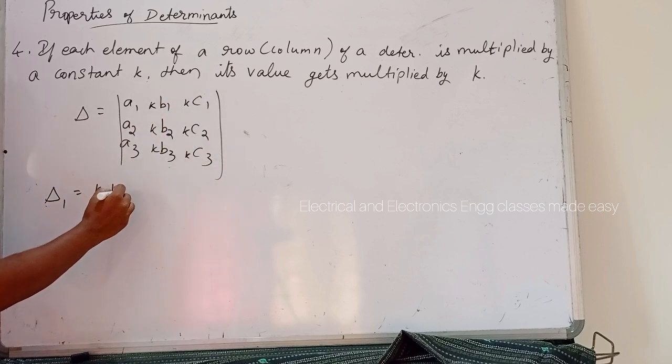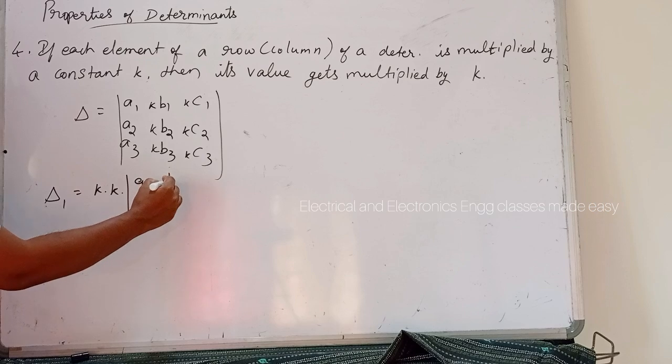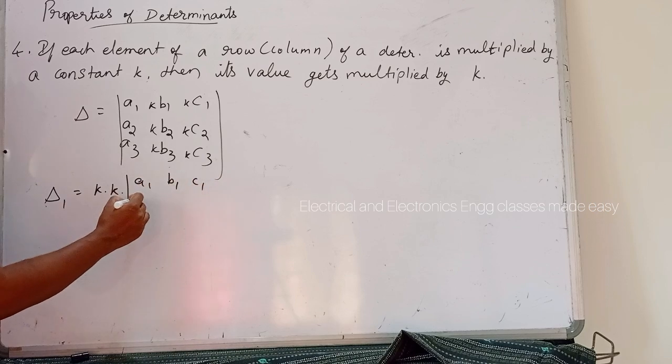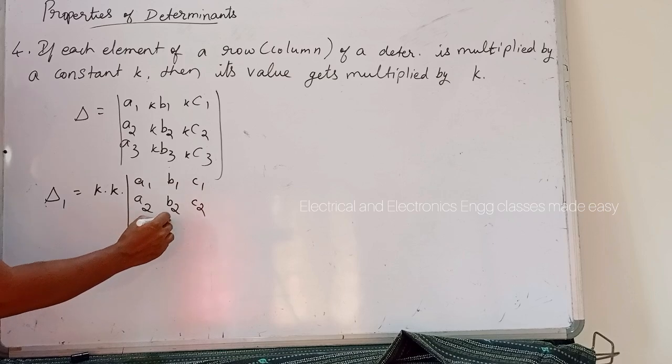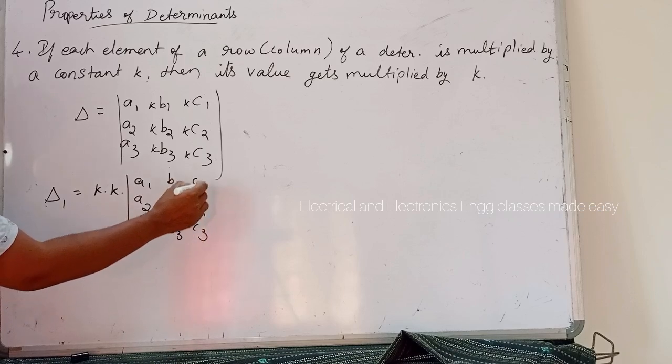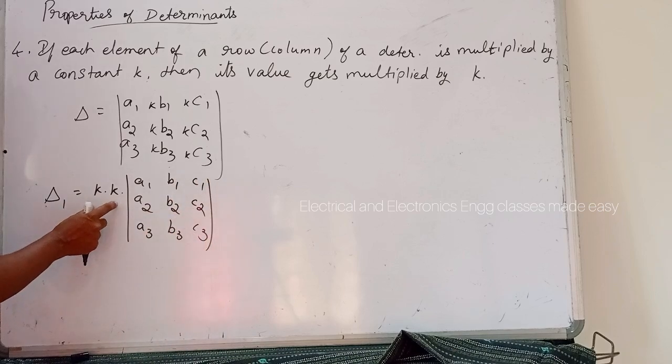Then we will get the remaining determinant A1 B1 C1, A2 B2 C2, A3 B3 C3. So here we will get k square times this value.